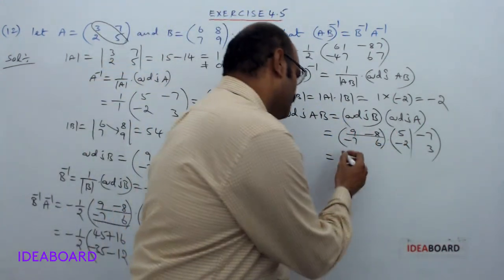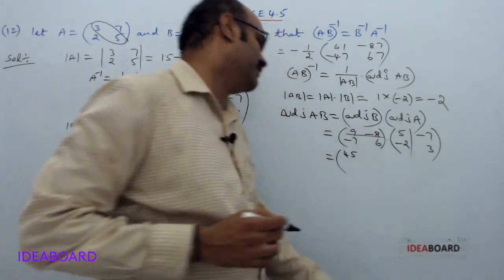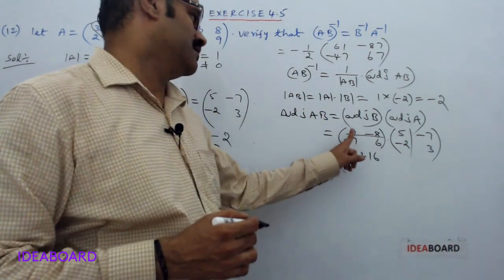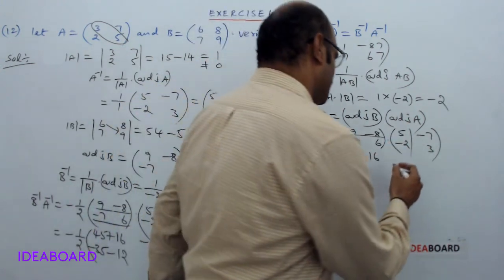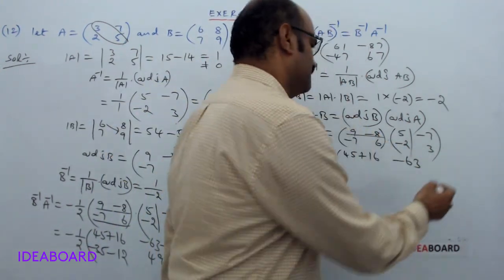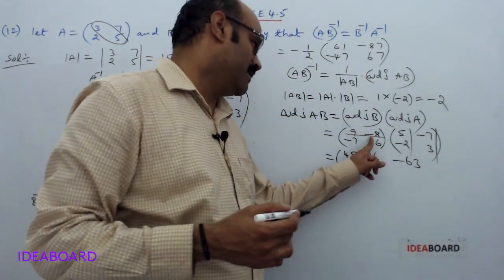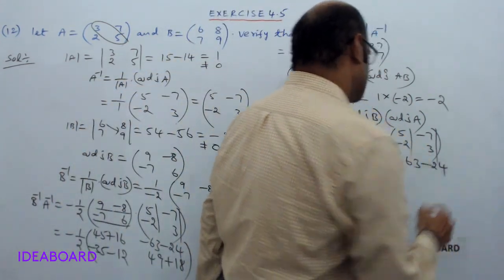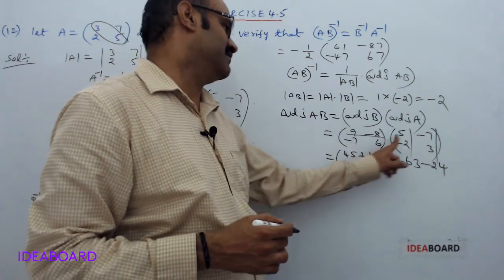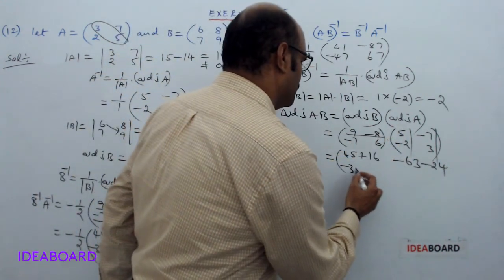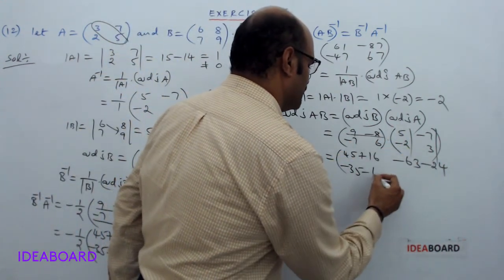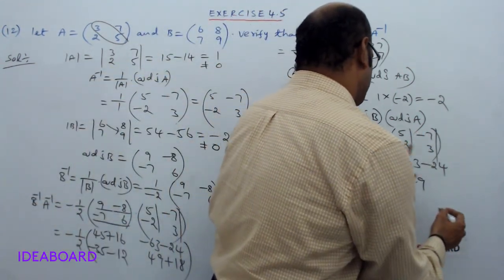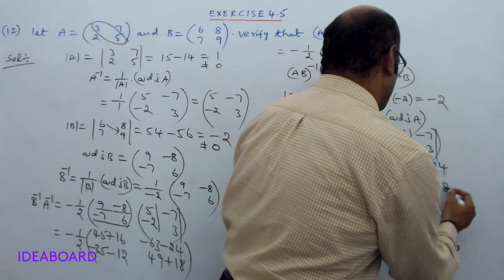So 9 into 5, 45 plus 16, 9 into -7, minus 63, minus 8 into 3, minus 24, minus 7 into 5, minus 35, 6 into minus 2, minus 12, 49 plus 18.